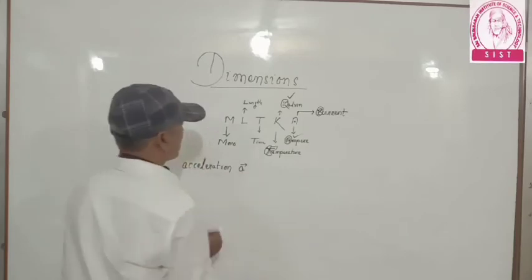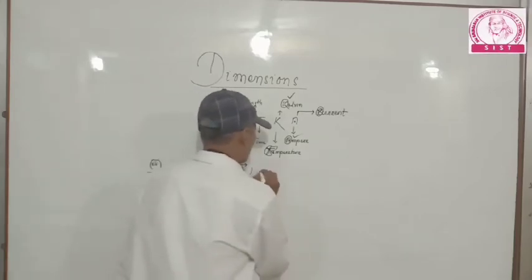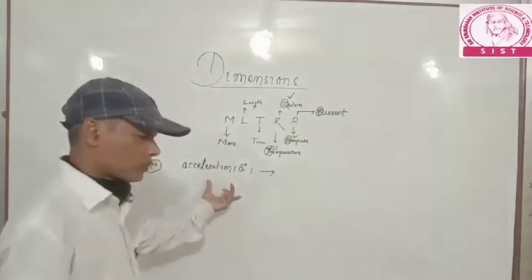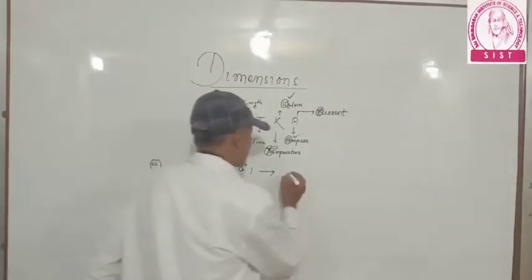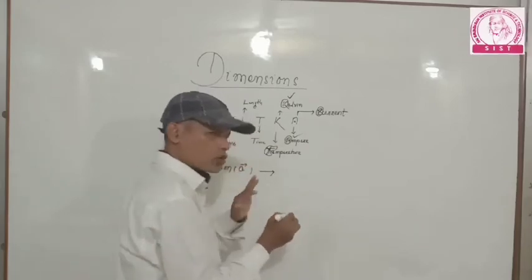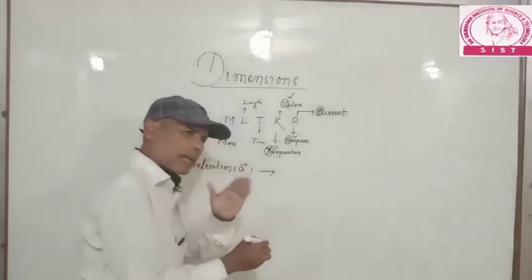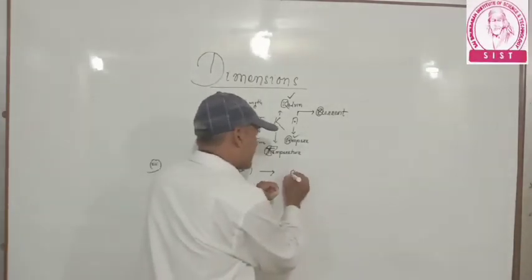It is represented by A. Now it is a derived quantity, so definitely it holds an equation. What is that? Without the arrow sign also you can mention the equation. So in class 9 you know it very well that A is equal to V by T.